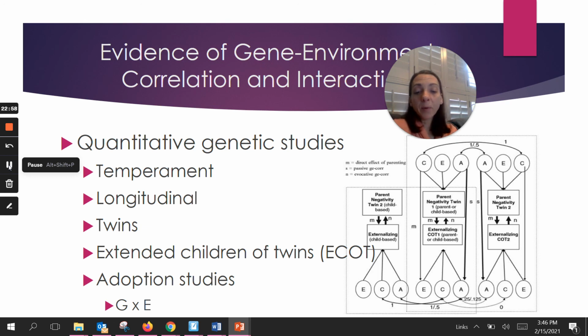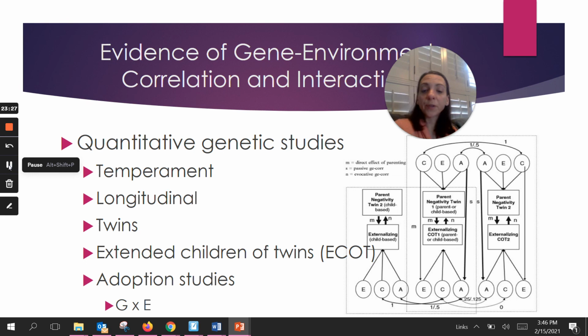Adolescents' aggressive temperament evokes negative parenting. That helps shape antisocial behavior. Genetic influences are responsible for the correlation between environmental risk, so trauma, negative experiences, that bad parenting, and externalizing behaviors. So they're predisposed to that gene, and then exposure to those environments helps to cause those externalizing behaviors.